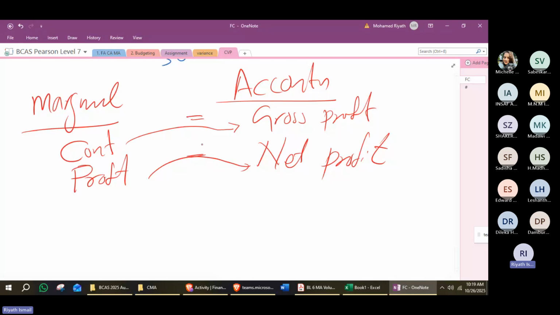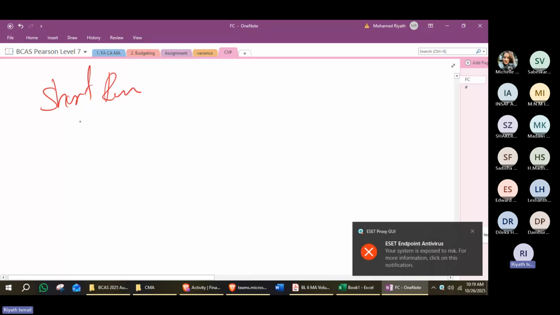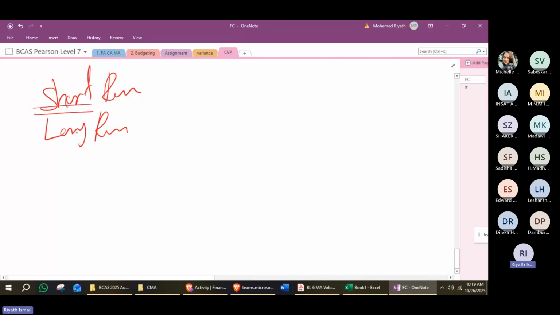Here in marginal costing, we assume short run and long run. In the short run, there are two kinds of cost: one is variable cost and the other is fixed cost.